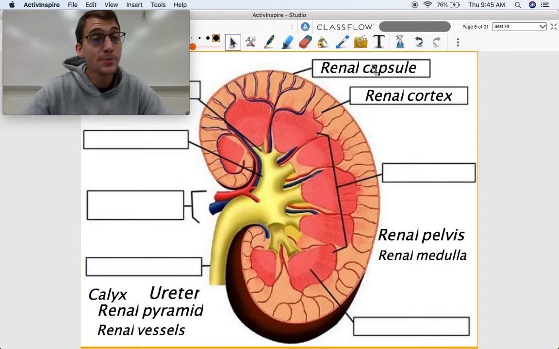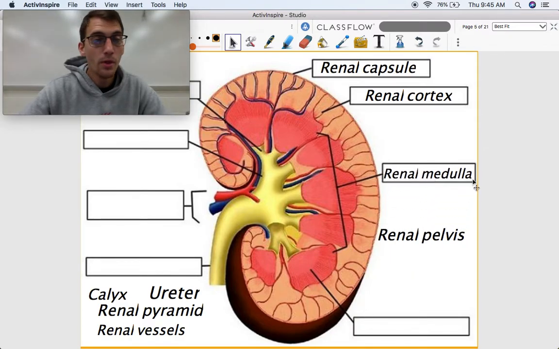The renal capsule covers the cortex. All right. Then moving inward, we start to see some more action here, and we're going to be looking at this a little more in detail when we study the nephron. This is called the renal medulla. Medulla means middle. So it goes renal cortex, renal medulla, and there's going to be some action happening in there. I'll talk about that in a second.